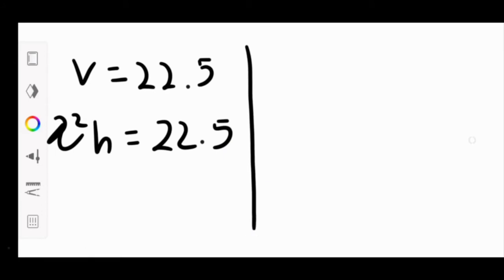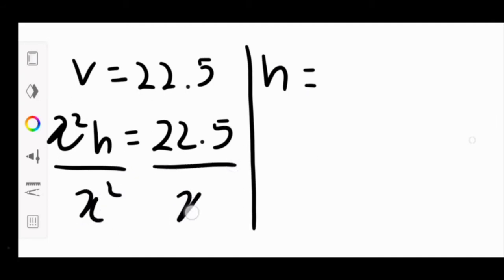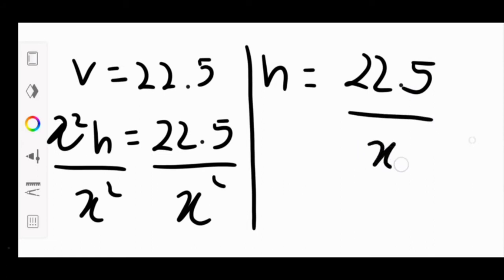Now we're going to make h the subject, which is we of course divide it by x squared. So h equals 22.5 over x squared.